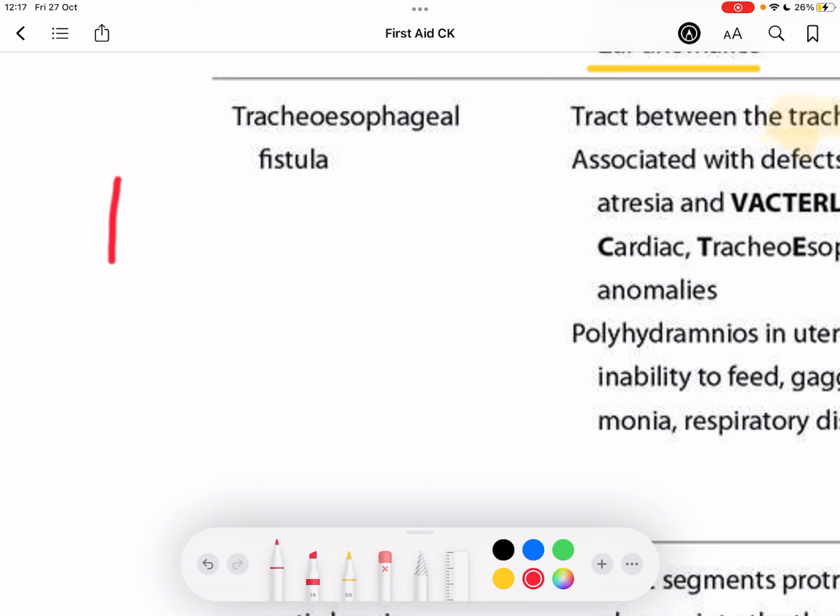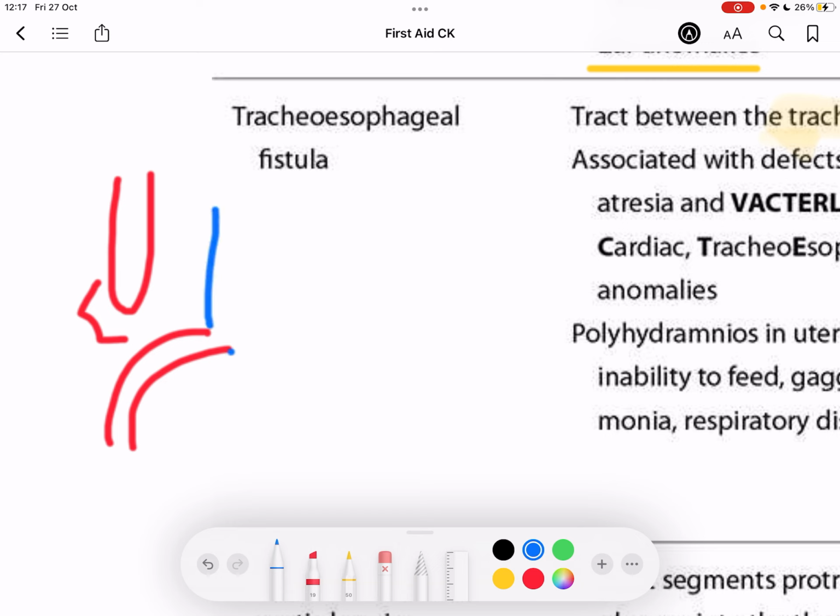So the proximal esophagus ends in an atresia, and then the distal esophagus links on with the trachea. Okay, this is the most common variation of the tracheoesophageal fistula, a distal fistula of the trachea and the esophagus.